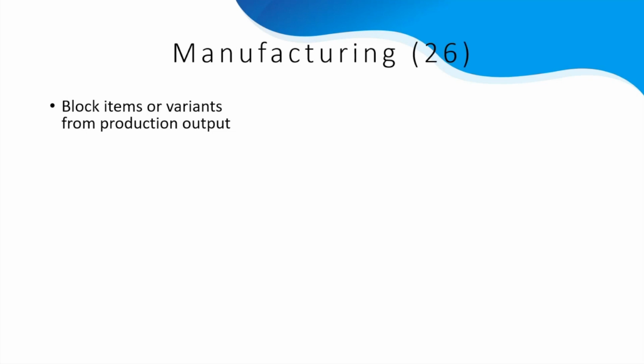So first of them is you can block items or variants from your production output. That means when an item or item variant is production blocked, it isn't available in the specific pages, which is your production order header or your production order lines.